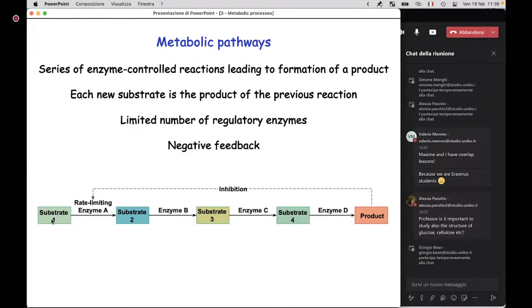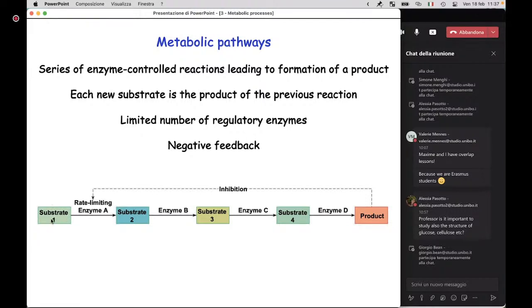So a metabolic pathway is a series of reactions that start from the first compound, let's say the complicated big molecule, and we have a series of different enzymes that can catalyze the production of different substrates.